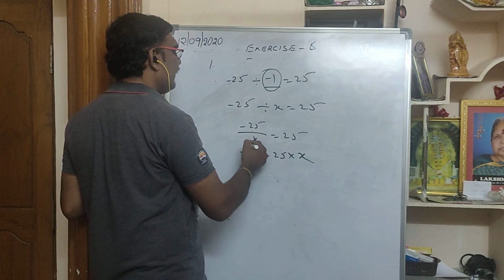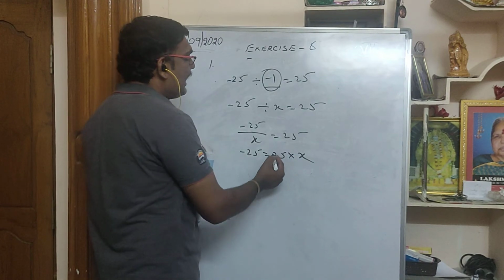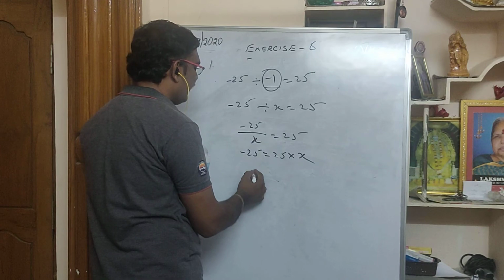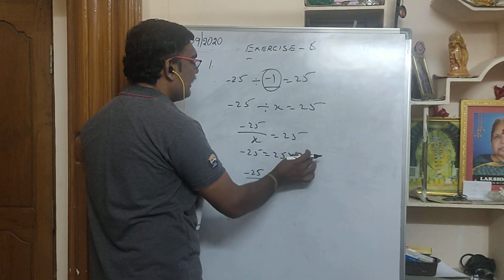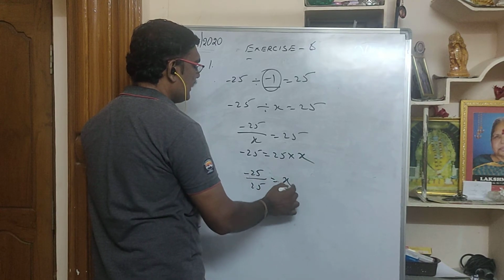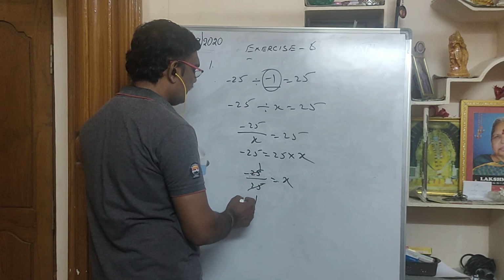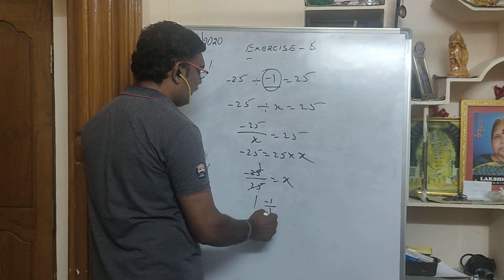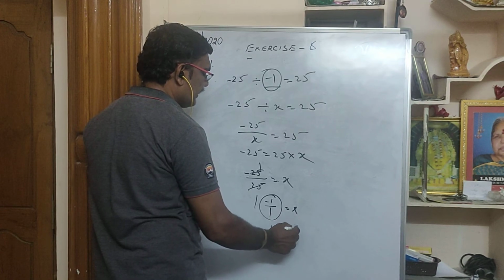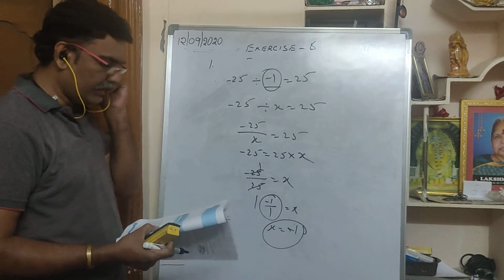A dividing quantity, if I take to the right hand side, will multiply. A multiplying quantity, if I take to the other side, will divide. So x I keep here, 25 I bring over here. This is equal to x. 25 ones are 25. What remains is minus 1 by 1, which is nothing but minus 1. So in this blank, you have to write minus 1.